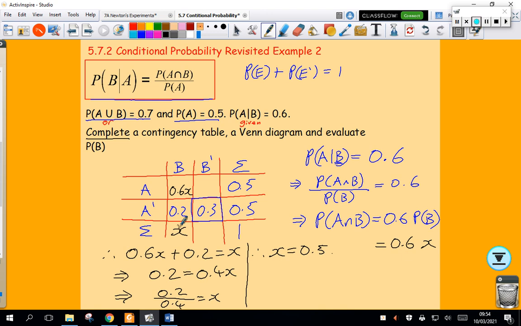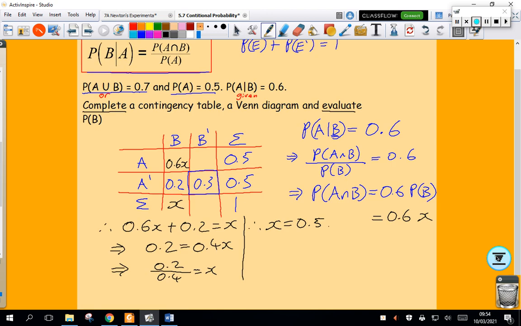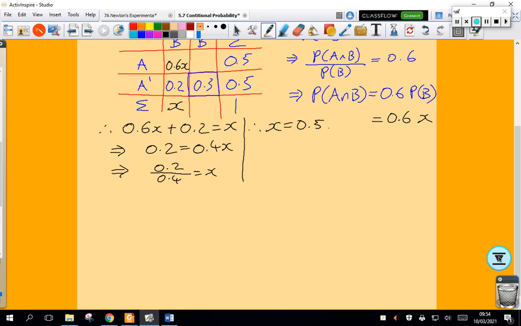So I'm going to rewrite my contingency table with all the information in. I'm going to draw a Venn diagram, and I'm going to evaluate the probability of B. So let me scroll down the page a little bit. So my completed contingency table is going to look like this.